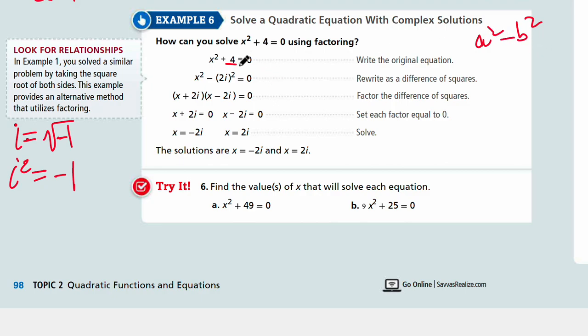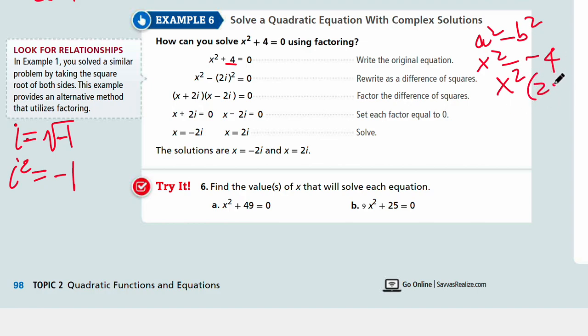In order to rewrite this as a difference of squares, we want a squared minus b squared, right? But of course here we have a squared plus b squared, which doesn't make sense, but we can make it as -4 as long as we multiply by -1. So we can rewrite this as x squared minus -4, which is the same as adding 4, but we're going to rewrite that -4 as 2i squared, because i squared is equal to -1, and the square root of 4 is 2.